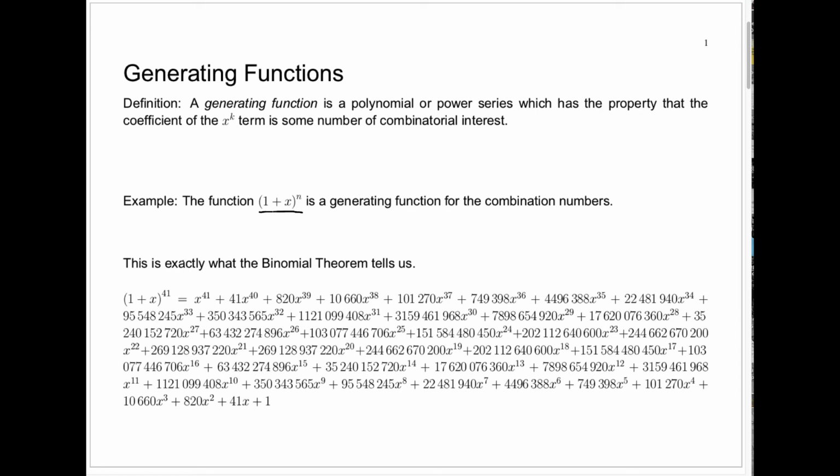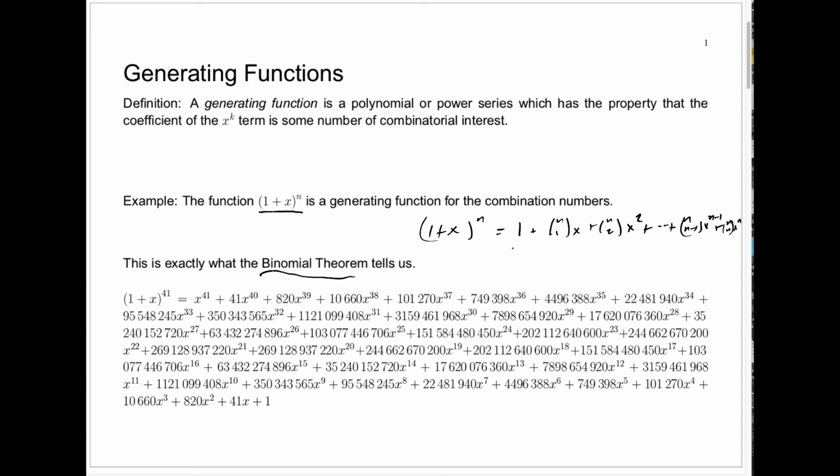Because the binomial theorem tells us exactly that 1 plus x raised to the nth power is precisely 1, which is n choose 0, plus n choose 1, x plus n choose 2, x squared, and we go all the way up to n choose n minus 1, x to the n minus 1, plus n choose n, x to the nth.